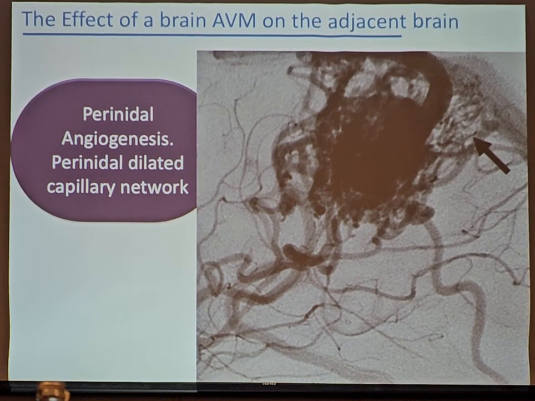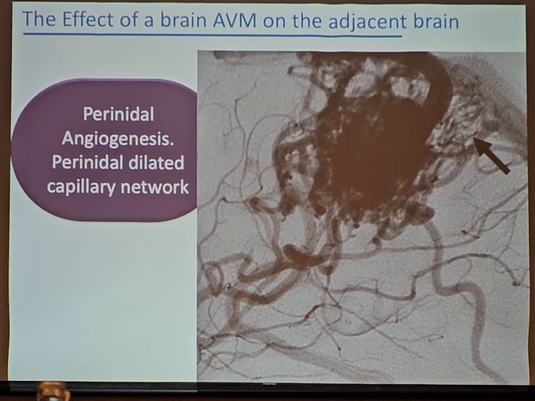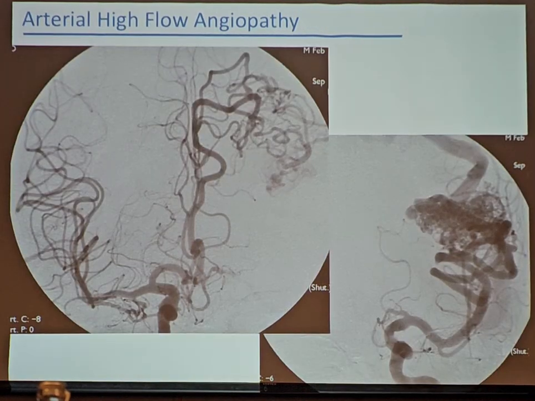They are very difficult to control because they are not normal vessels. They have no normal pericytes or smooth muscle cells because they are VEGF induced. And they would go away if you hit the cause of the brain AVM, if you take the AVM proper, to prevent the perinidal angiogenesis.